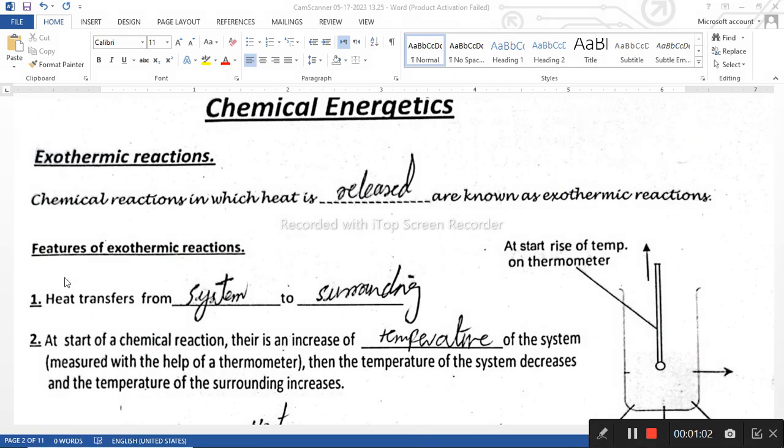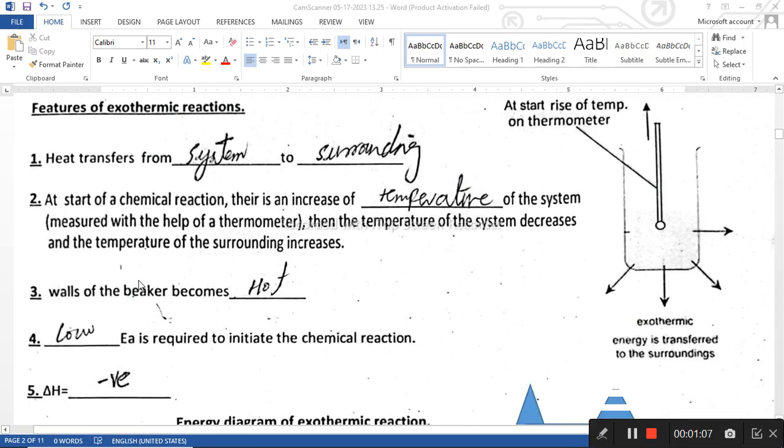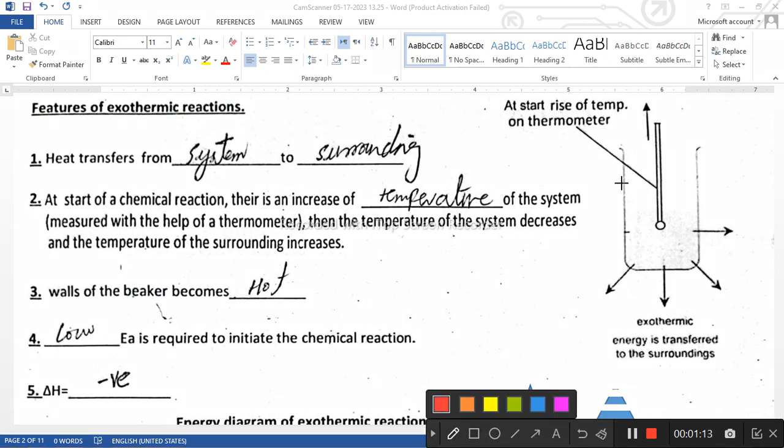Features and characteristics of exothermic reactions. Okay, number one, heat transfers from system to surrounding. What does it mean? Suppose this is a system, and when we will heat this, it would absorb.